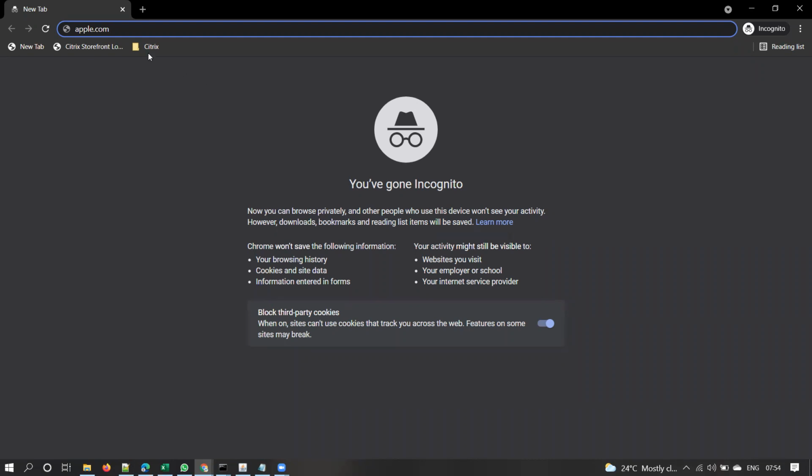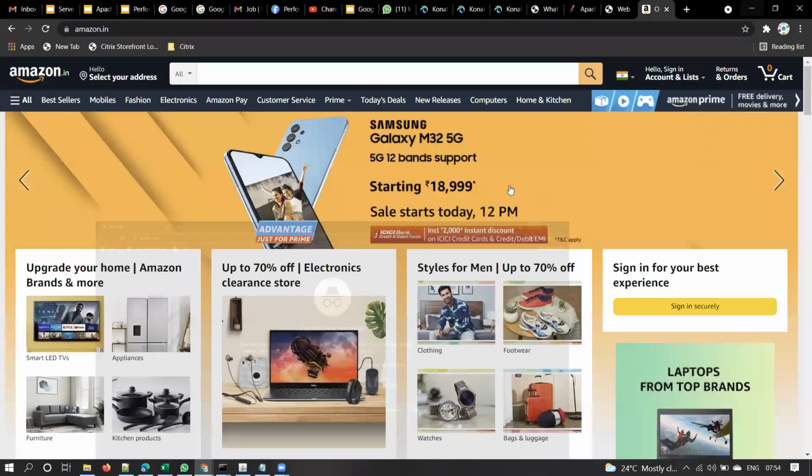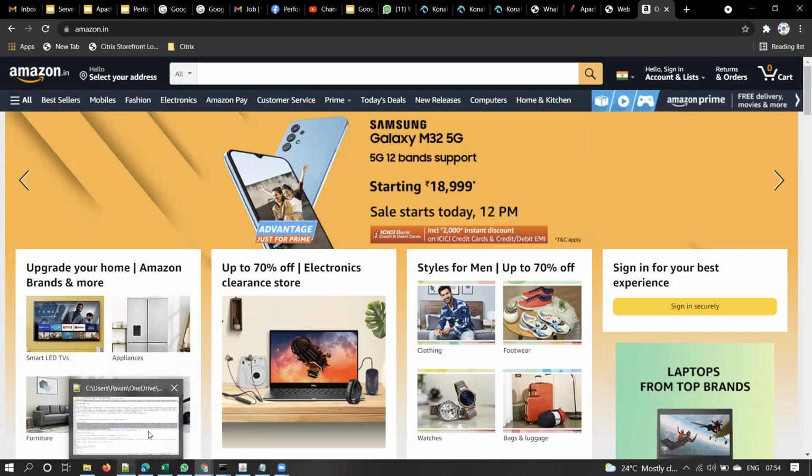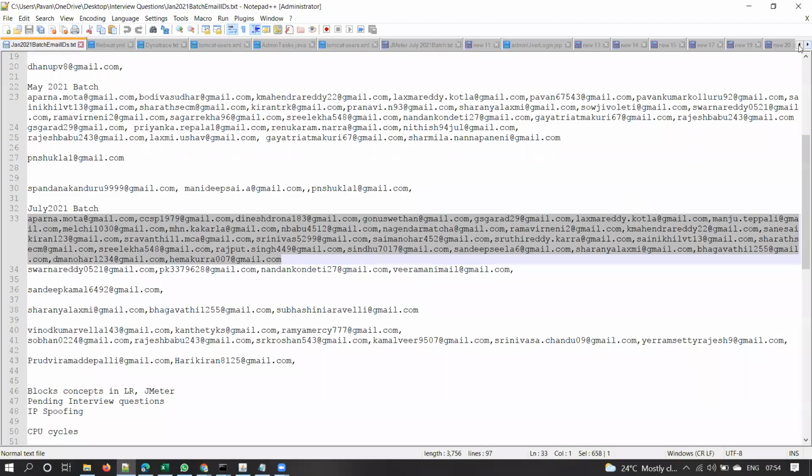So if I accessed apple.com previously in the normal browser, it will load faster because every normal browser has something called browser cache, right? Let me type it here.